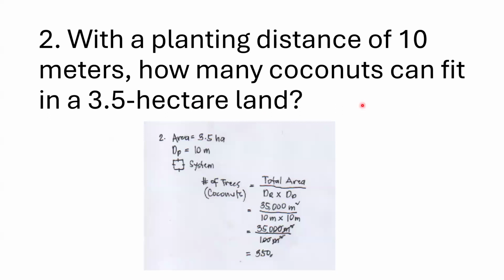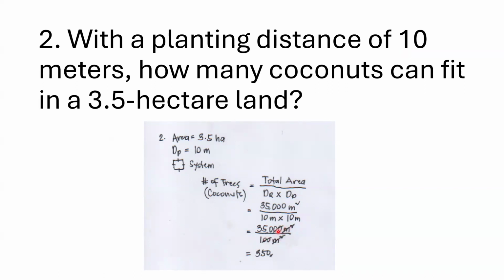Then the planting distance is 10 meters. So distance between rows is 10 meters. Then the distance between plants or planting distance is also 10 meters. So 10 meters multiplied by 10 meters is 100 square meters. Then divide natin. Remove like terms. Square meters, remove. Dalawang zero sa denominator, remove.